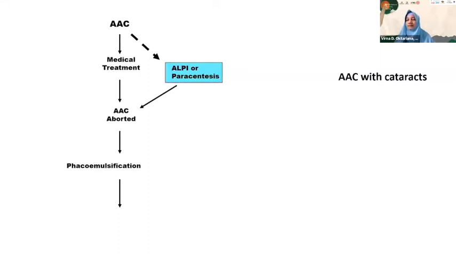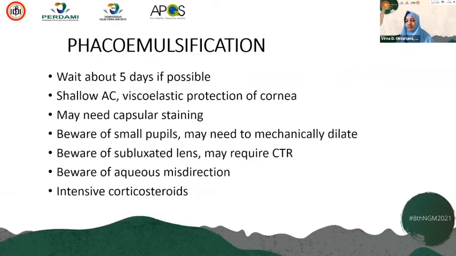And if the patient has recovered, then we can do phacoemulsification. But rarely, if we cannot break the attack with ALPI or paracentesis, we might need to do immediate phacoemulsification. And again, once the patient recovers, we have to follow up this patient to look for chronic angle closure glaucoma. And if the patient still progresses, then we might need to perform a trabeculectomy later on.